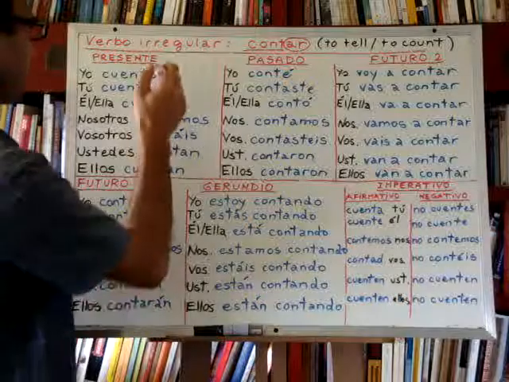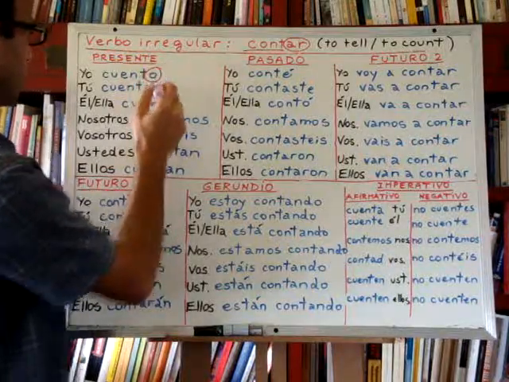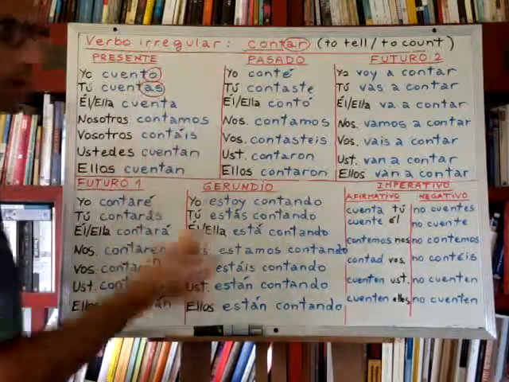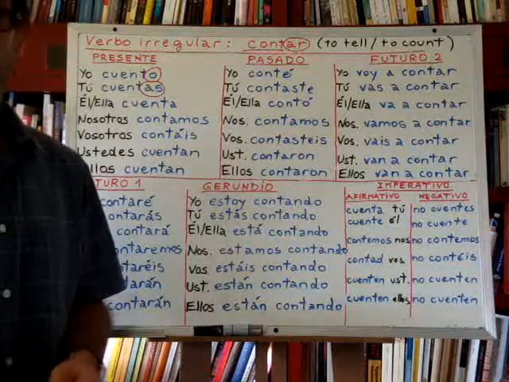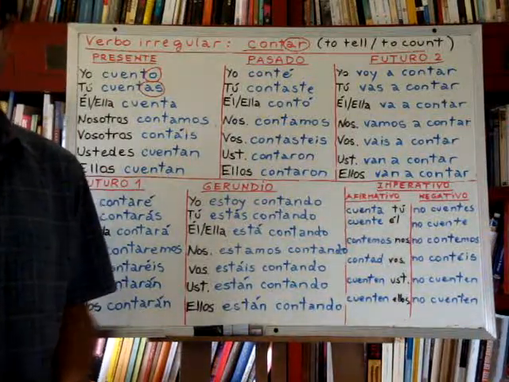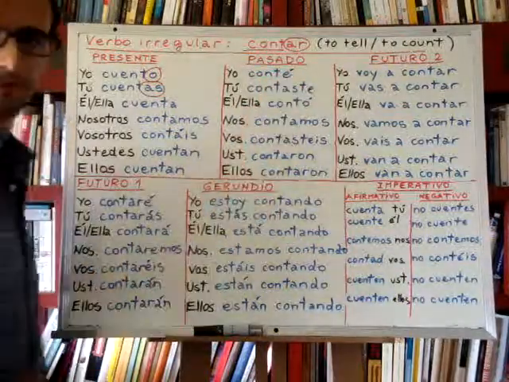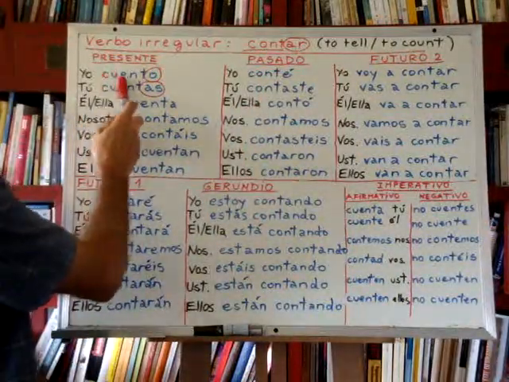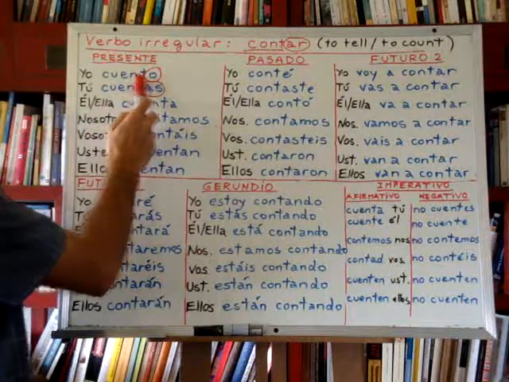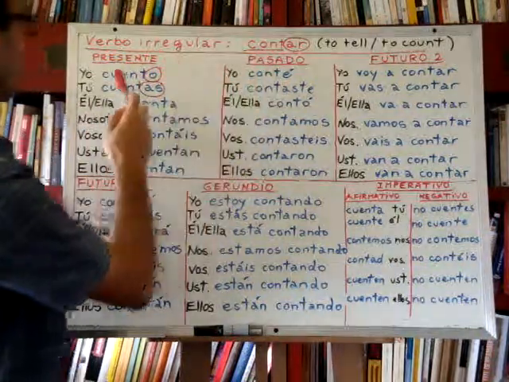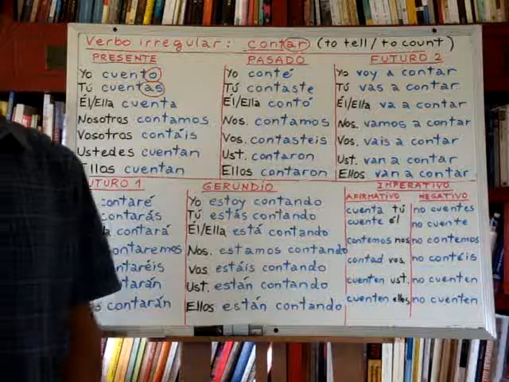The ending is okay. This is regular. The ending is the proper ending of a regular verb of the first group, the verbs that end in ar. However, you can see that the root of the verb has changed here from cont to cuent, so it is irregular.